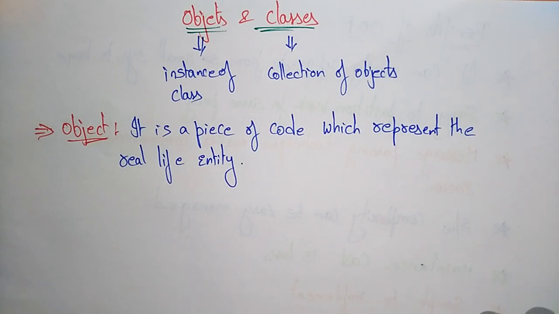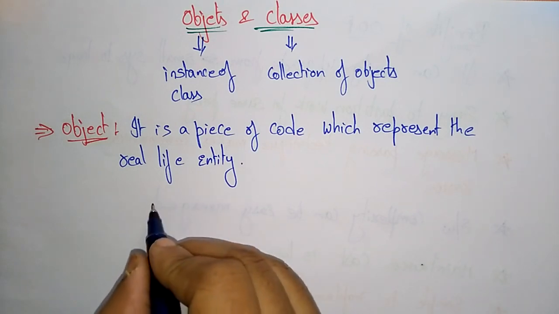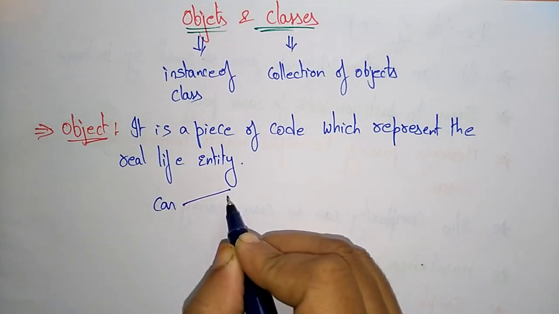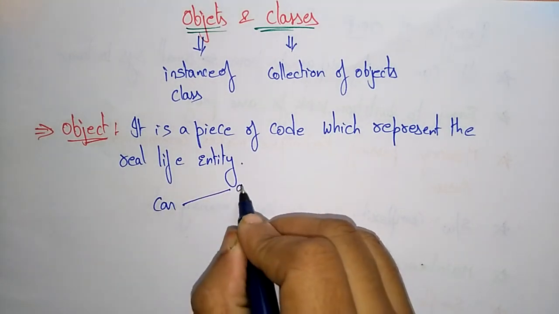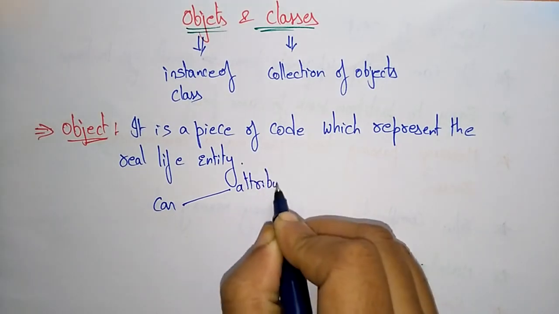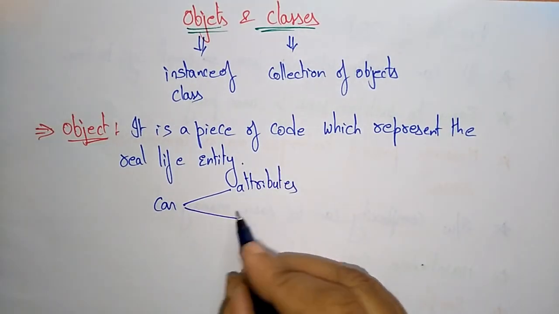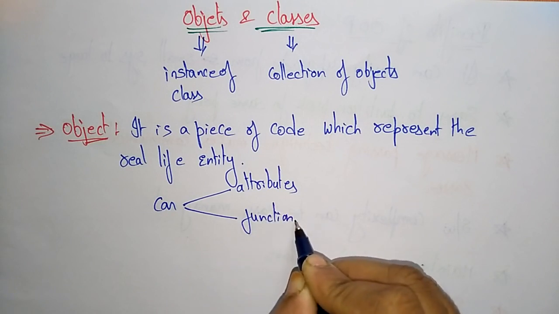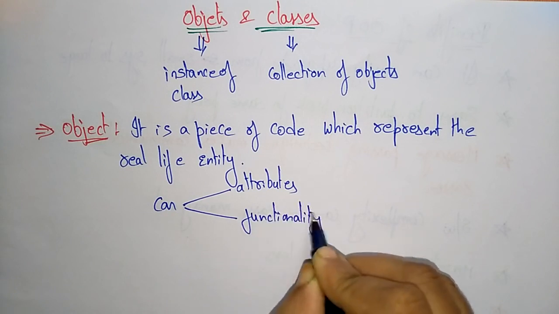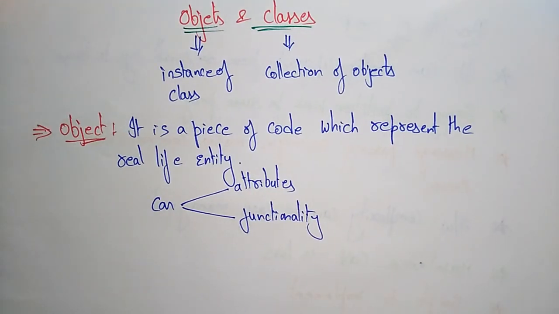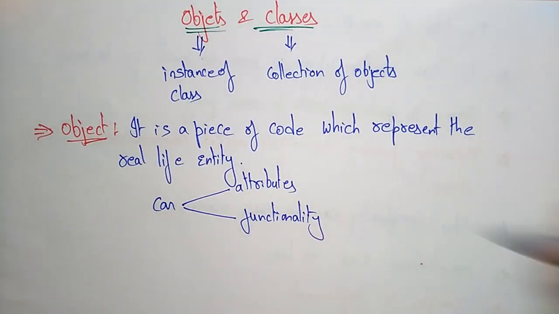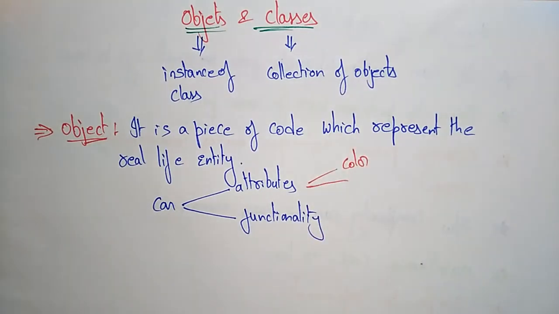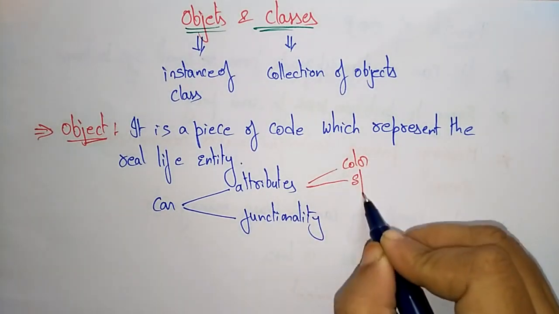This object consists of, suppose you take a car, a car consisting of some attributes and functionality. Attributes are nothing but the color of the car and the speed, how much speed it goes.